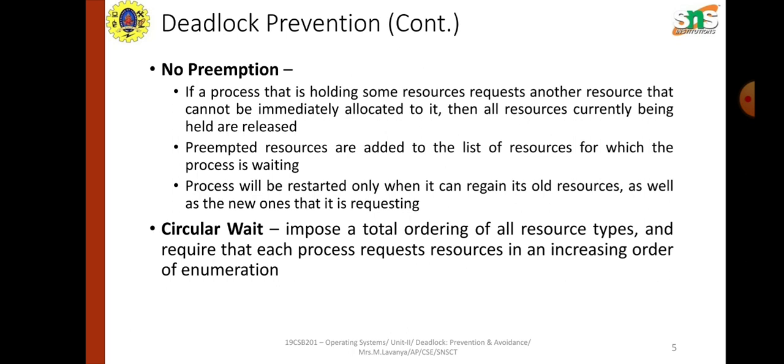And the final solution is circular wait. To impose a total ordering of all resource types, each process must request resources in an increasing order of enumeration. In the circular wait condition we saw earlier, the last process Pn depends on the resource held by process P0.